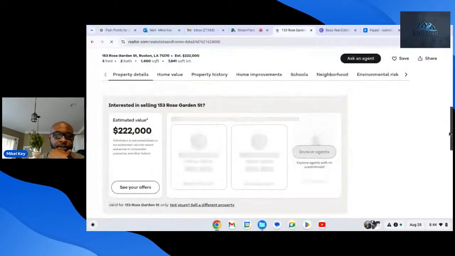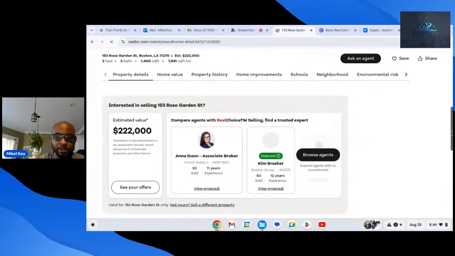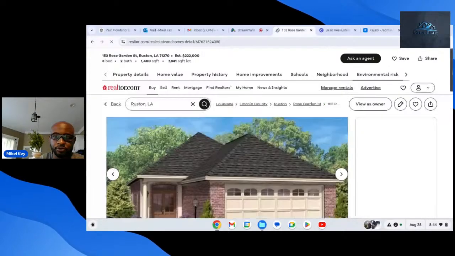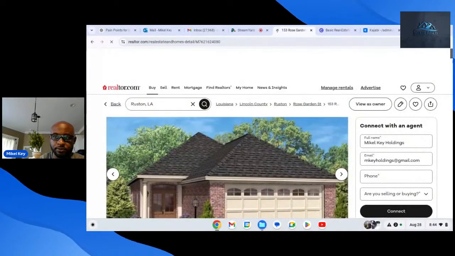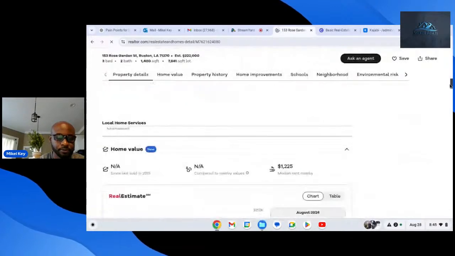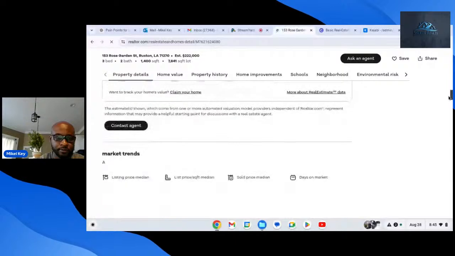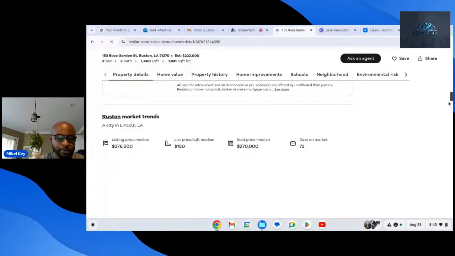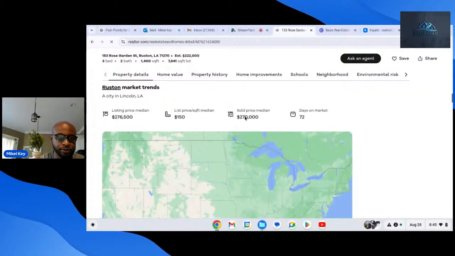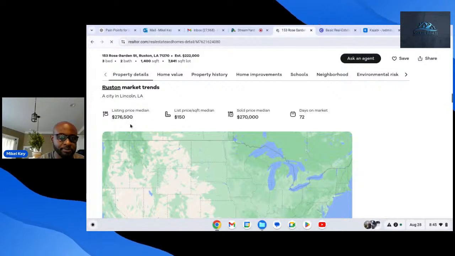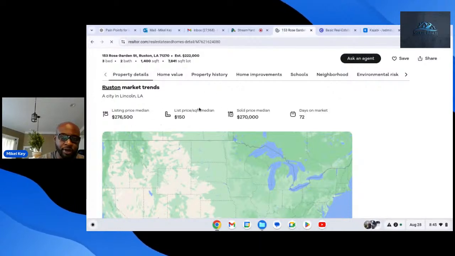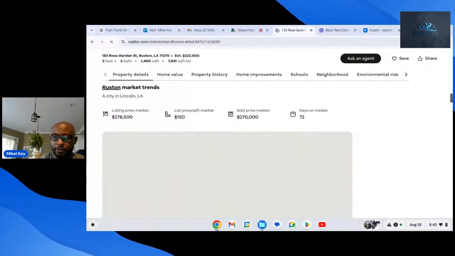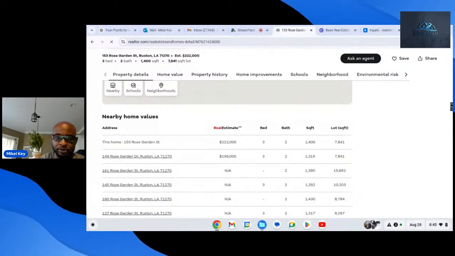The estimated value is $222,000. Now, if you go all the way down in Ruston, it gives you the median listing price, $276,000. The median list price per square foot, that's the price per square foot I was talking about, is $150 a foot. If you play around with the data, it gives you all kinds of data.